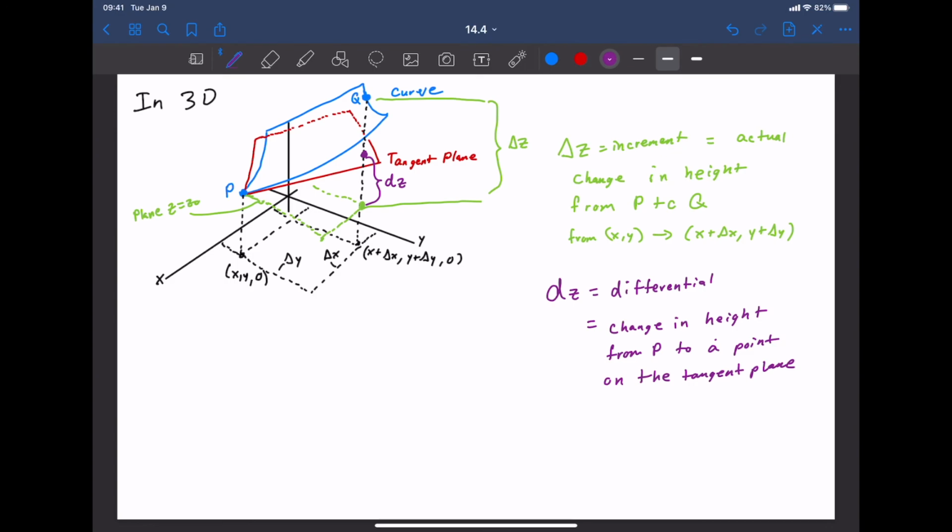So I want to make a note here, though, that x and y are both independent variables. So dx is delta x, and dy, the differential for y, is now delta y.